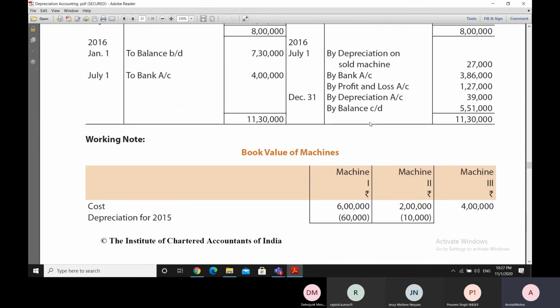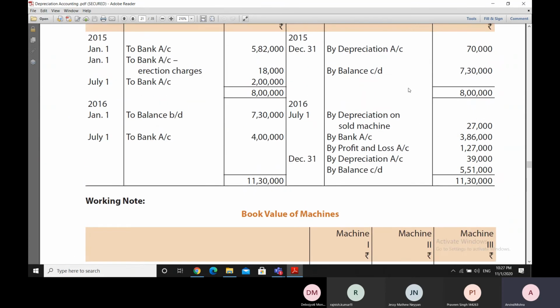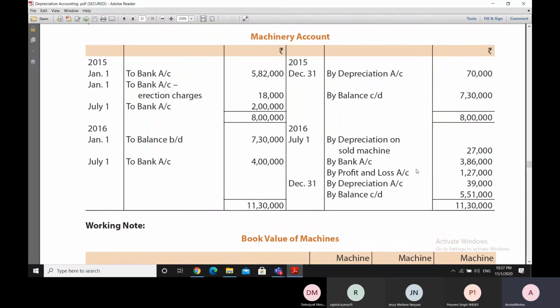Now this 1,27,000 rupees loss is being adjusted into the profit and loss account, because it is straight away going to the profit and loss account by crediting the machinery account and debiting the profit and loss account with 1,27,000 rupees.